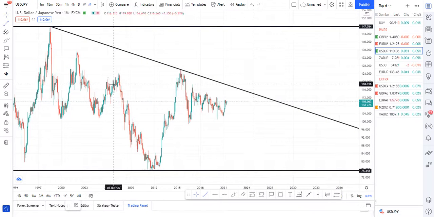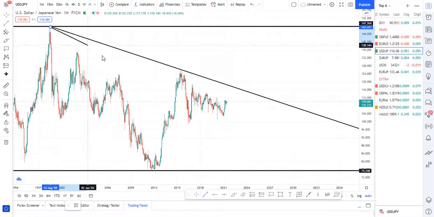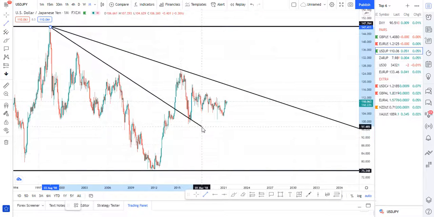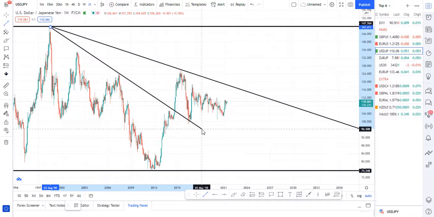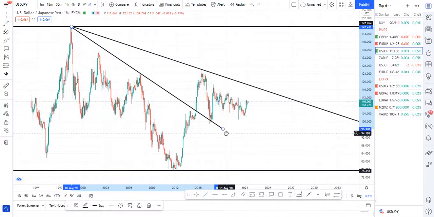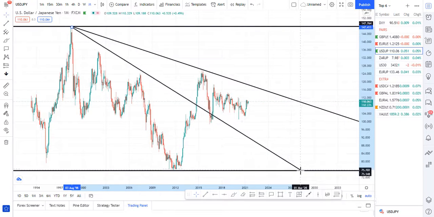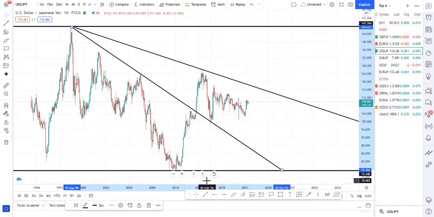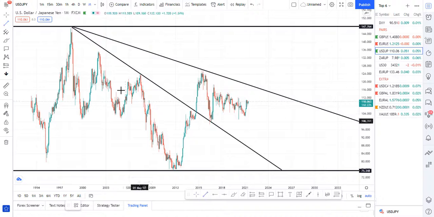Also, if you want just to be extra cautious, you can do this too.